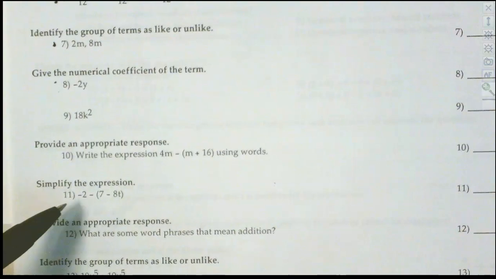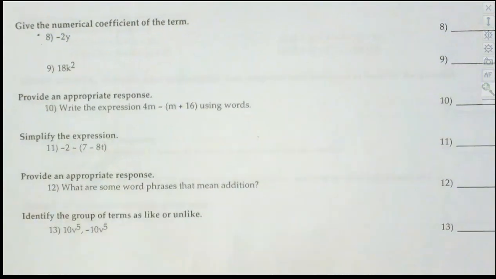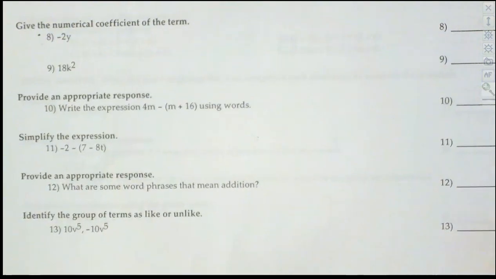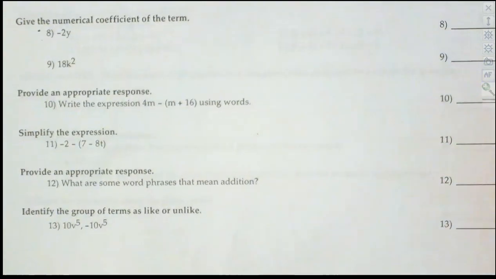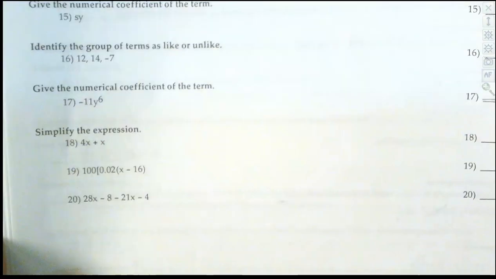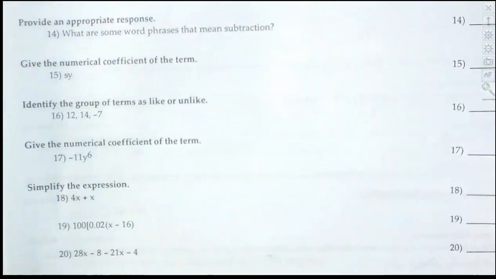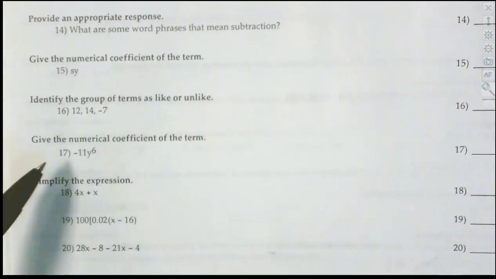Question 11, we've talked about that one. 12, again, lots of different terms mean addition. Sum, plus, all those will work. 13 is just look at it and tell me if they're like or unlike. 14 is just tell me some words that mean subtraction. 15 is giving the numerical coefficient. 16, same thing. 17, numerical coefficient.